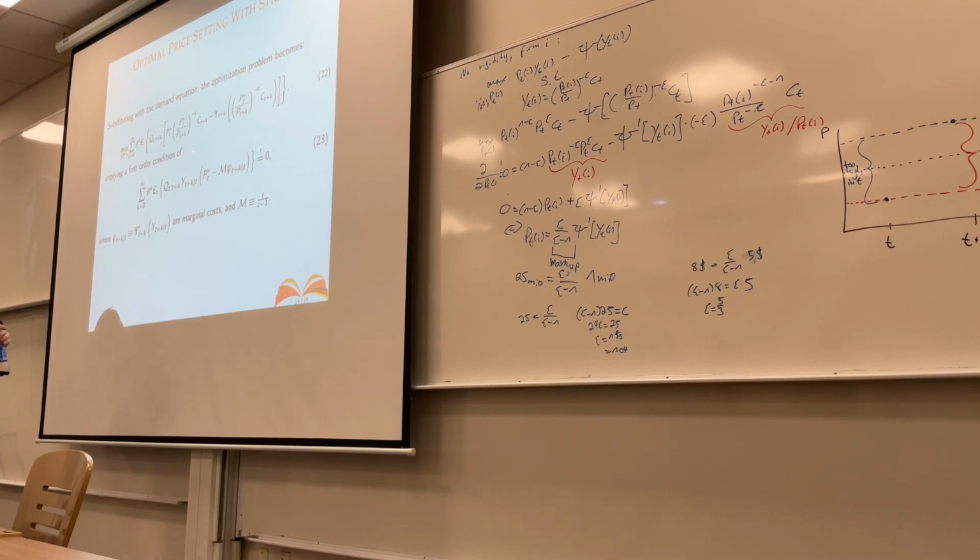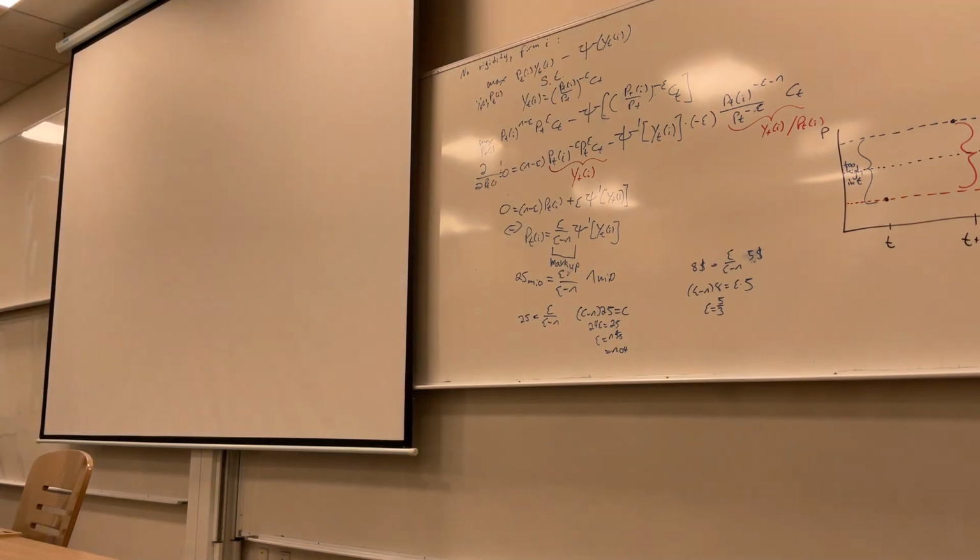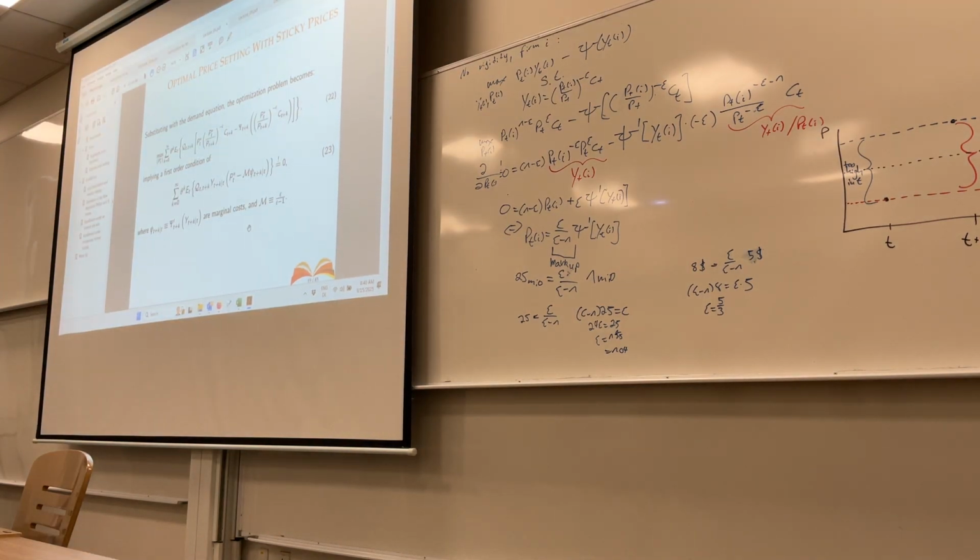And when we take our first order condition, we get to an equation that looks a lot like equation 23. So double check, I think I'm going to do this together anyway.